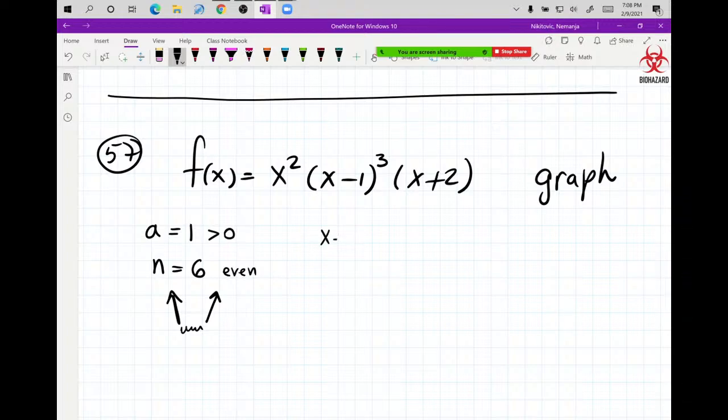X equals what? 1. Well, you need to tell me multiplicity every time you give me a root. So you said 1 with multiplicity, 1 and M3. M3, good. Other root? -2, M1. Okay, another root? 0, M2. Good.